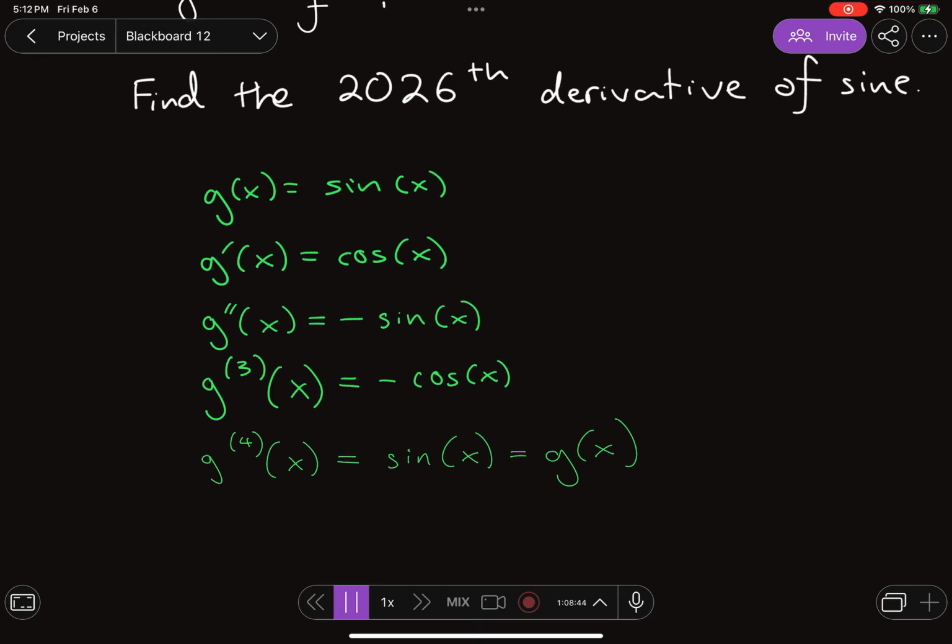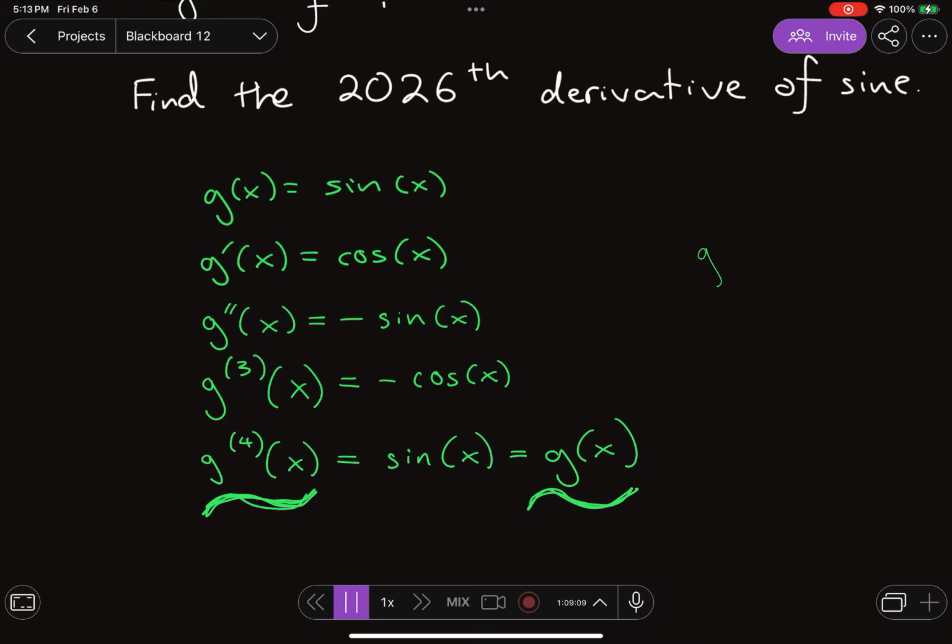Okay, interesting. So I think every time we take a derivative that is a multiple of 4, we are going to cycle back to the original function, all right? So every single fourth derivative, if we take a derivative and it's a multiple of 4, then we know that that is our original function.